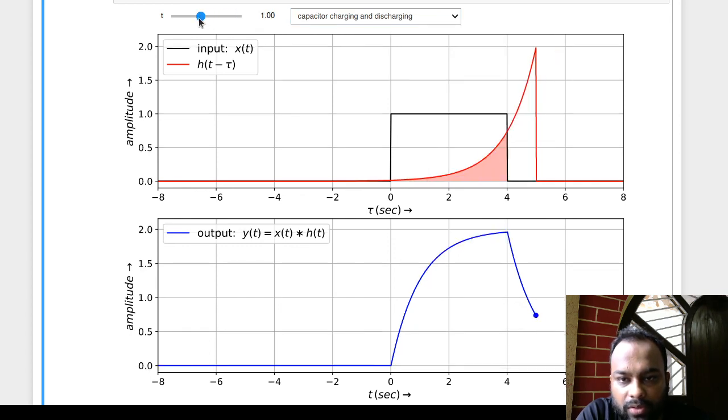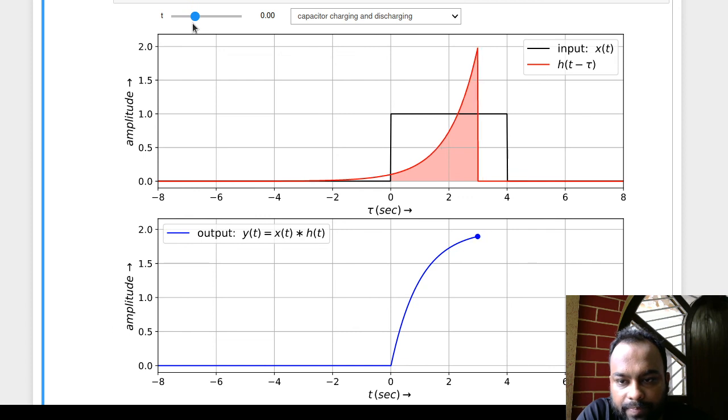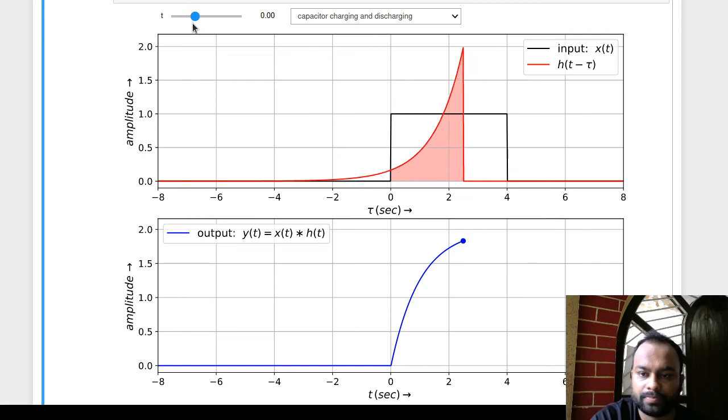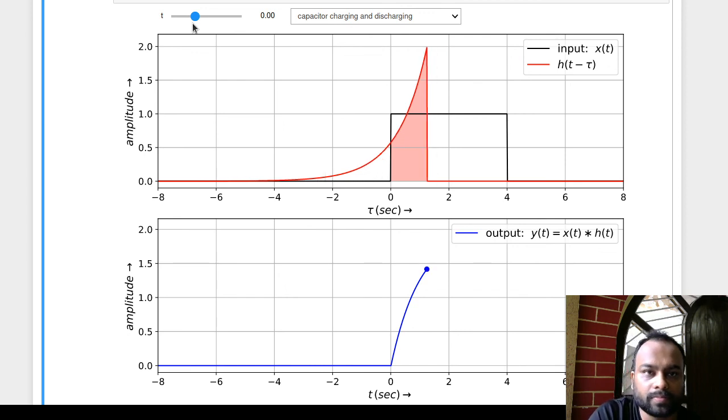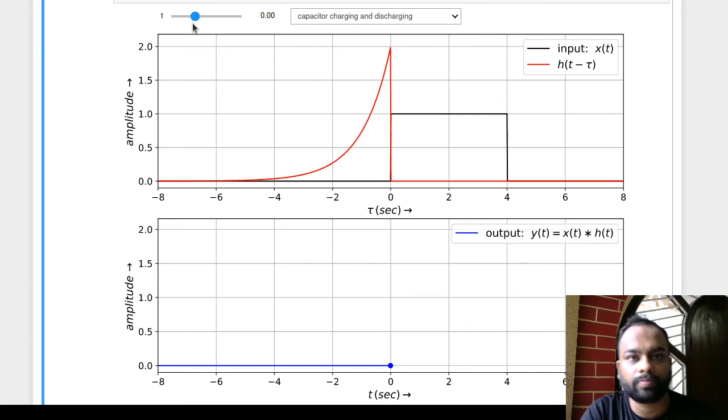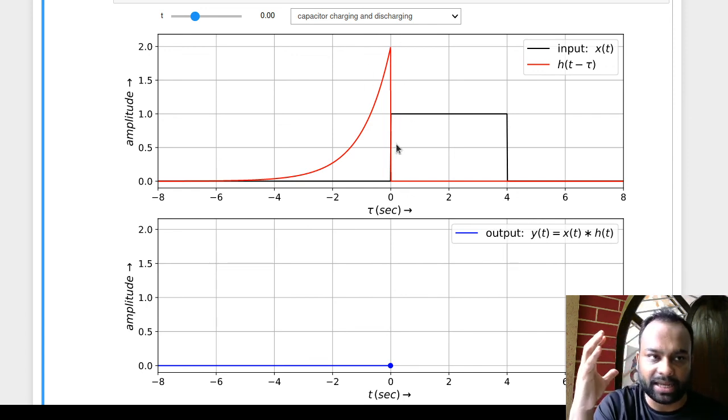Let's start with 0, 0, 0. So this is a square pulse. The red one is the flipped version of the impulse response of a series RC circuit.